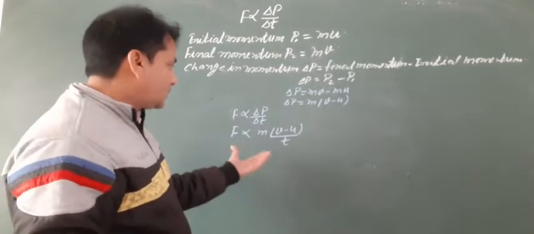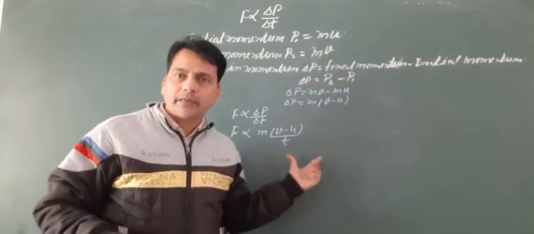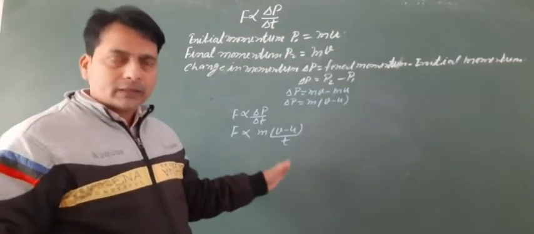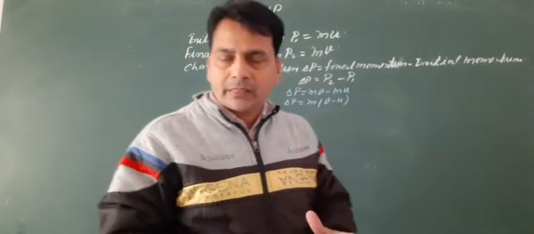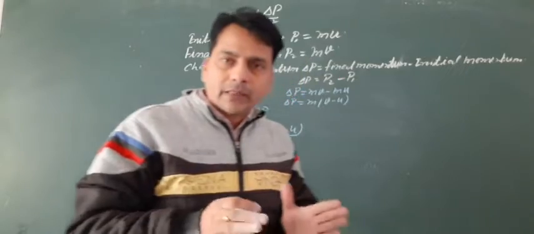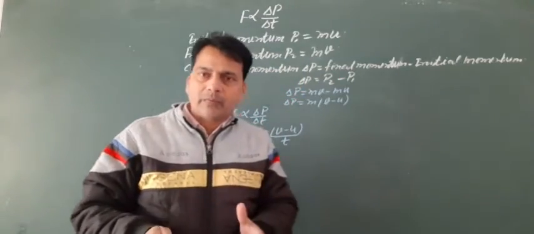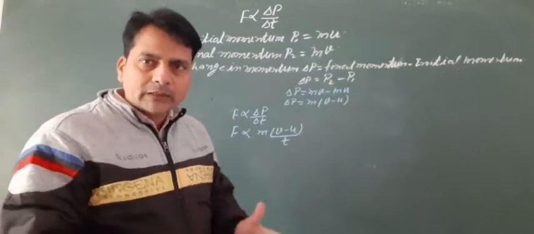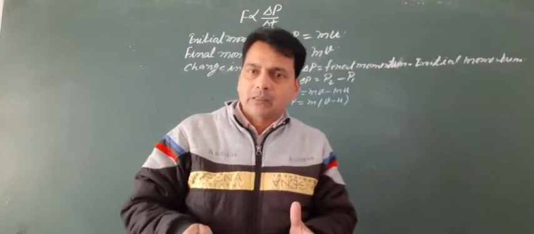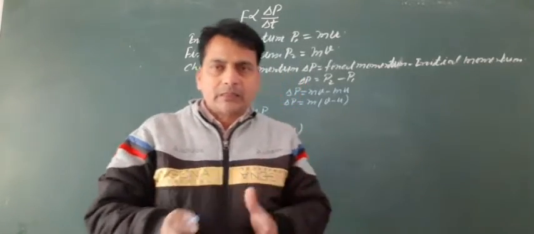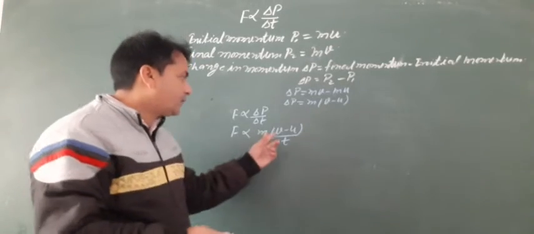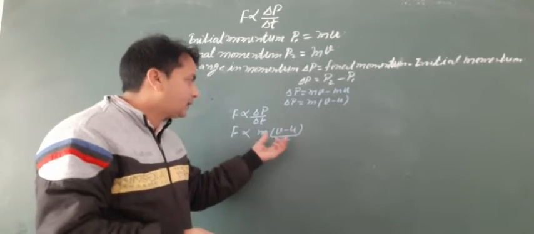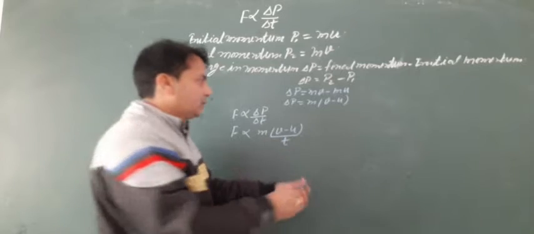So according to this statement, (v minus u) by t, it is clear that, as you know, the rate of change in velocity is called the acceleration. According to the formula of acceleration, change in velocity by time taken, means final velocity minus initial velocity by time taken. So (v minus u) by t is the acceleration.